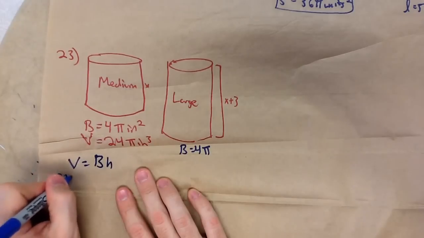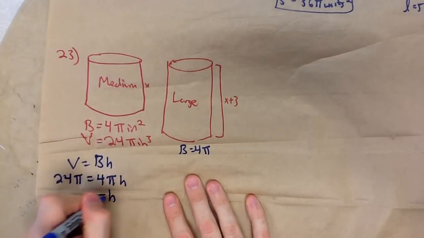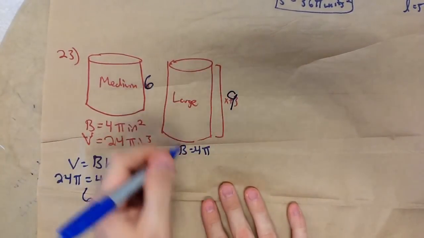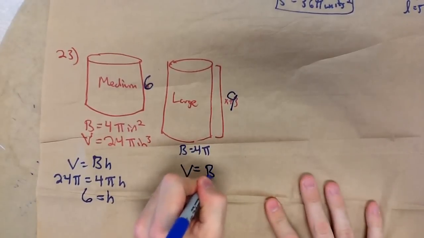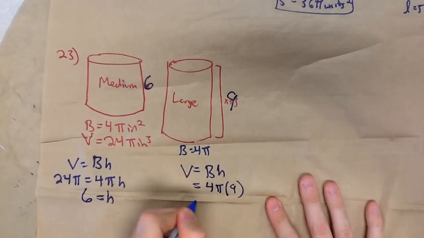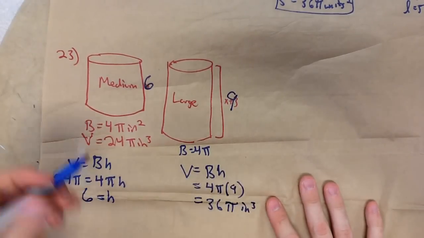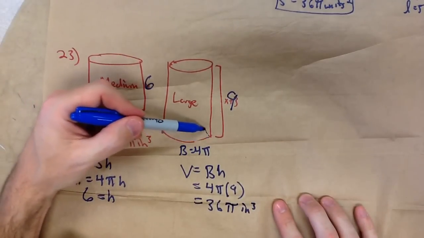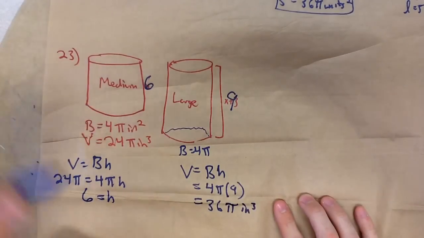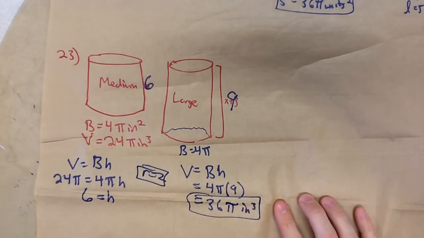And if I know the total volume is 24 pi and the base area is 4 pi, the height is then 6. So if this is 6, this is 9, now my volume, which is base area times height for the larger one, is 4 pi times 9, or 36 pi inches cubed. You also could have gone through and figured out the radius in here. Since these are both 4 pi and the area of a circle is pi r squared, the radius would be 2. That's an extra step that we don't necessarily need. We just want to know what that volume is going to be.